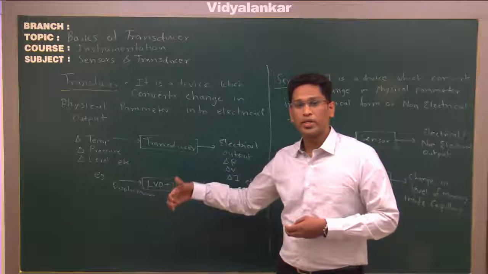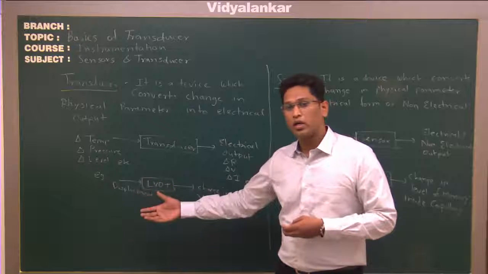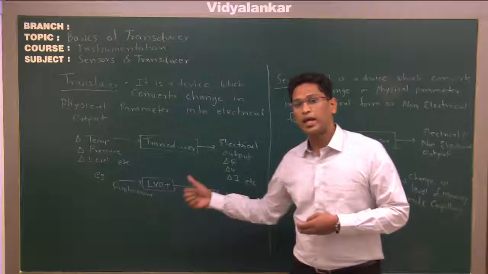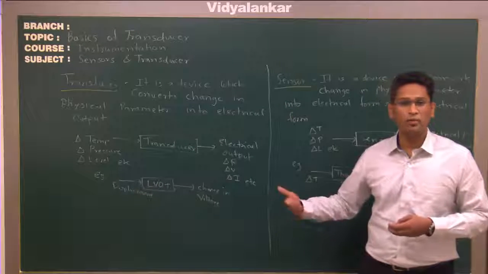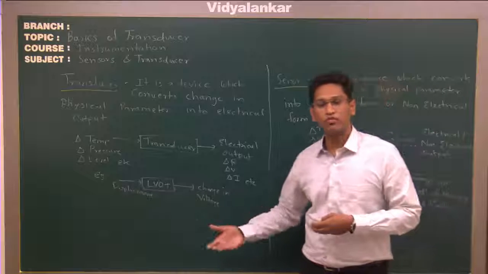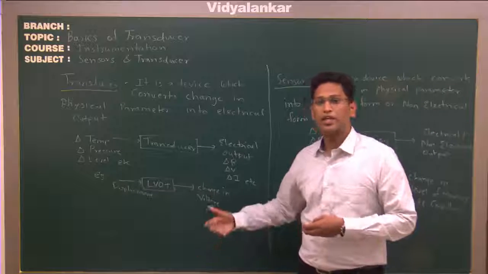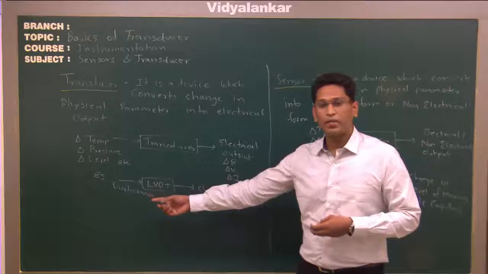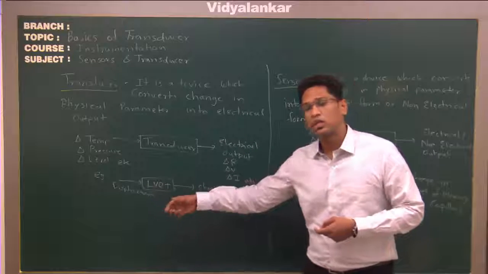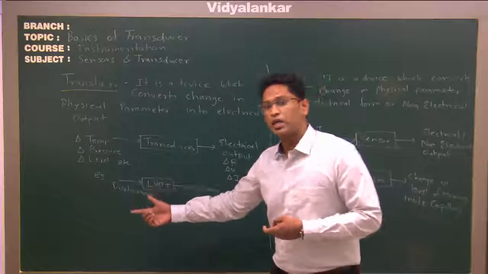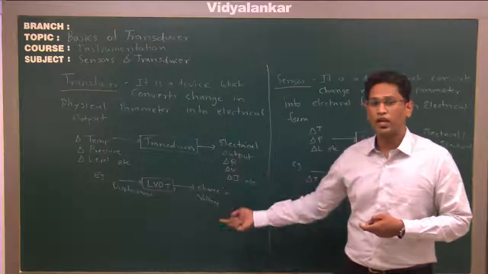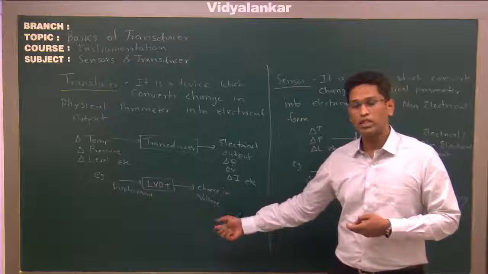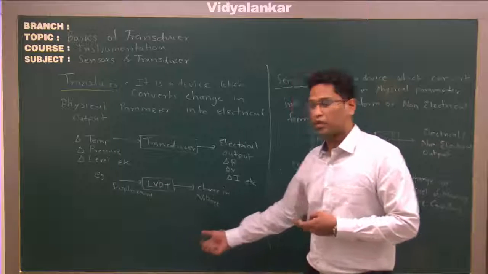Whenever the core moves from its initial position, there is change in flux linking with the secondary, and so there is change in the output voltage. So the physical parameter is displacement, and the output is change in voltage, which is an electrical parameter.